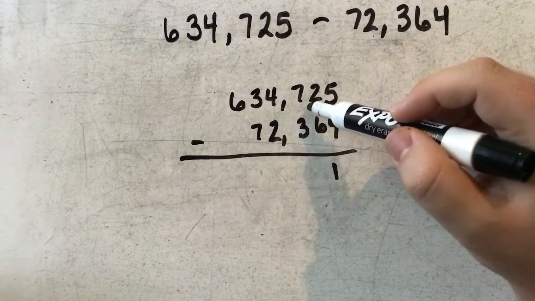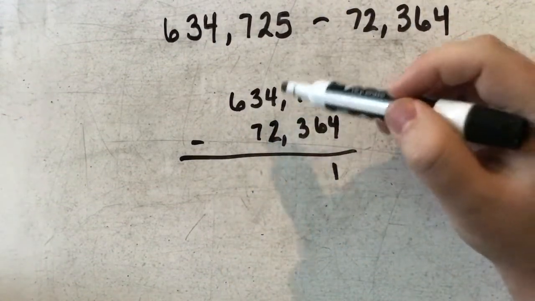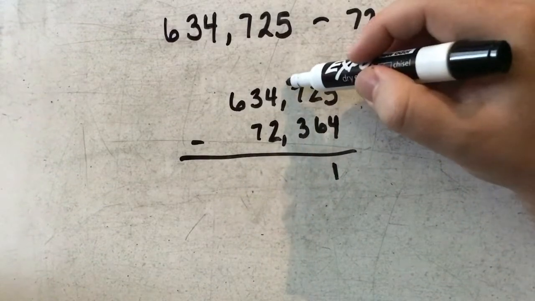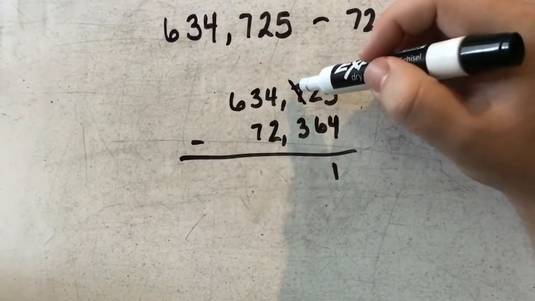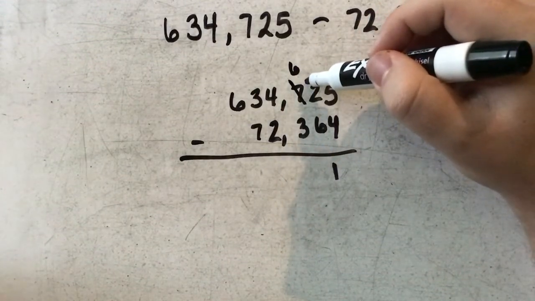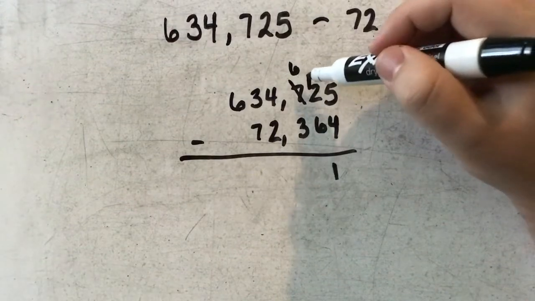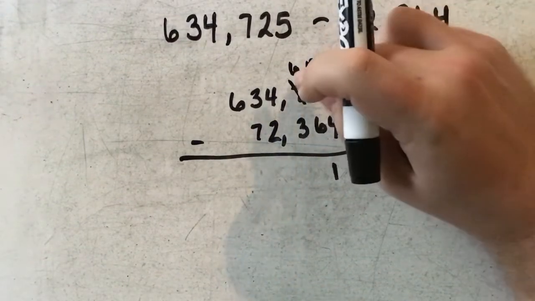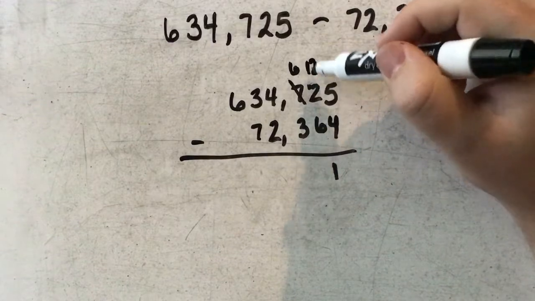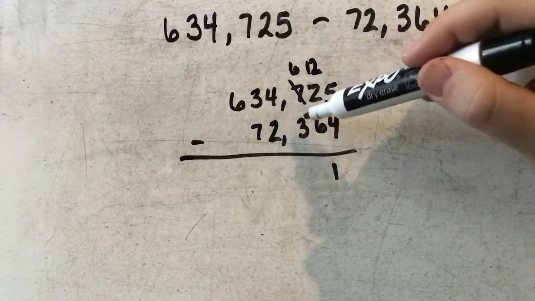So what I'm going to do is I'm going to look directly next door. In this case, I have a 7. And I'm going to borrow 1 from that 7. So that if I took 1 away from the 7, it would leave me with 6. And I take that 1 and I put it over along with this 2. So that would actually be 12 that I can subtract from. And really what I did here, guys, is I regrouped my hundreds.